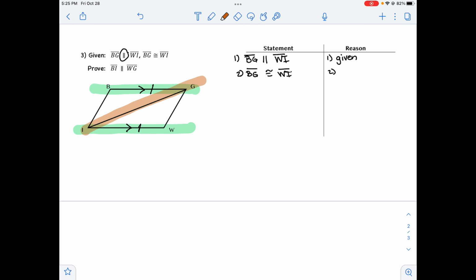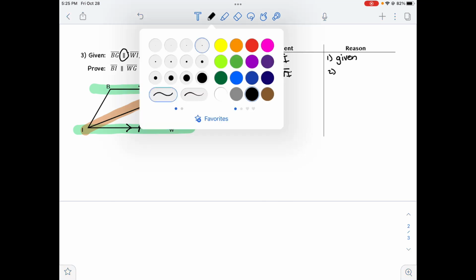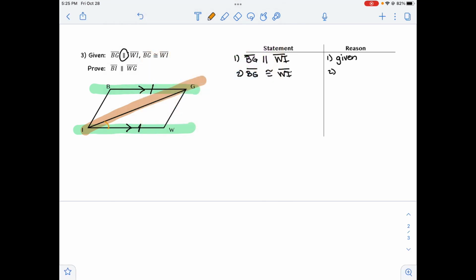And we can label whatever angles we want on either side. I'm going to use a color here, and label here and here, that would be congruent. And we also know that the other side would be congruent too, so we could put 2 here and 2 on the other side. We don't necessarily need to right now. We're just talking about one particular set of angles, so I'm just going to focus on the one.